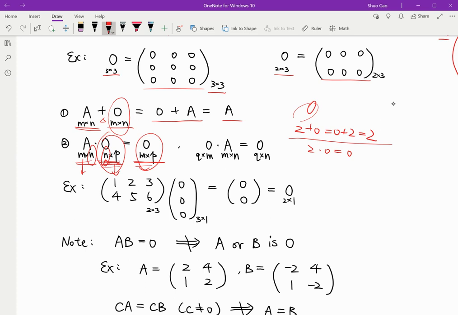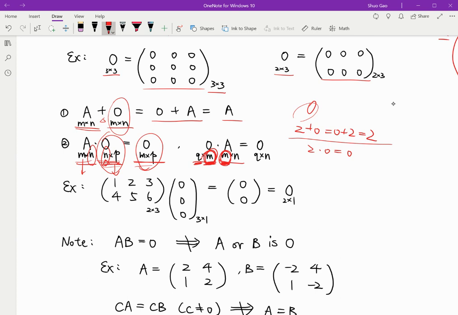And then again, if you multiply a null matrix with A, we have to make sure that the column dimension here is the same as the row dimension here, so both of them are n. And this Q is just an arbitrary number, but we have to make sure the n is the same as the n here.